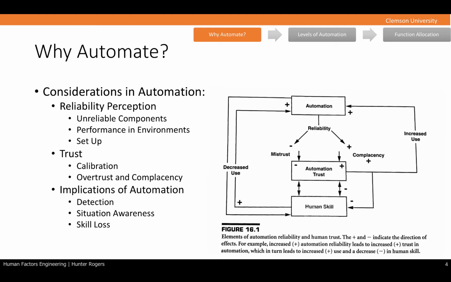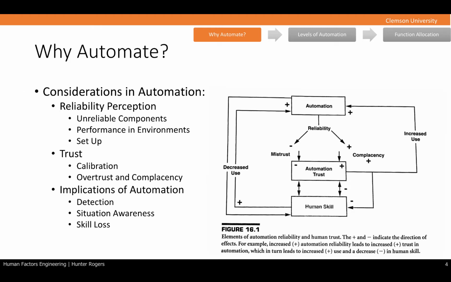But another way that people can perceive that a system is unreliable when it's not is performance in environments. If a tool is made to perform in a certain environment and it is brought outside of that environment and expected to perform in the same way, people can perceive it as unreliable when really it's not being used in the correct way.